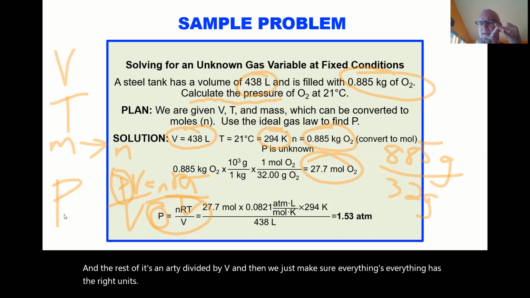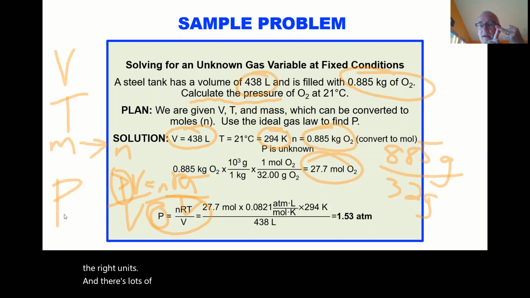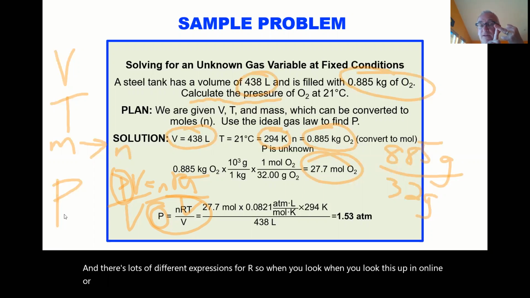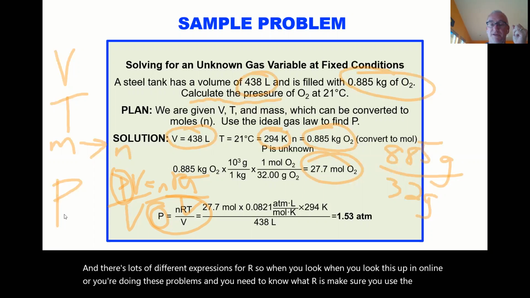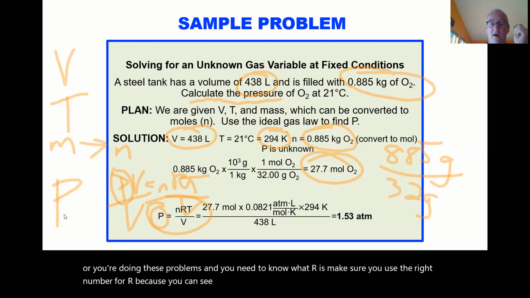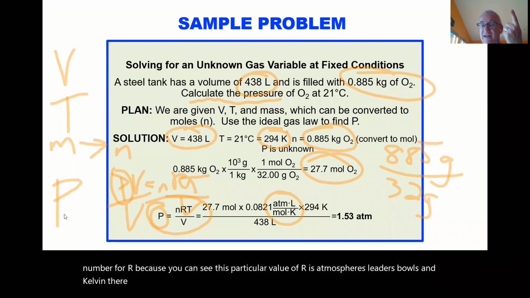And there are lots of different expressions for R. So when you look this up online, or you're doing these problems and you need to know what R is, make sure you use the right number for R, because you can see this particular value of R is in atmospheres, liters, moles, and Kelvin. The liters, the moles, and the Kelvin are pretty much going to stay the same.